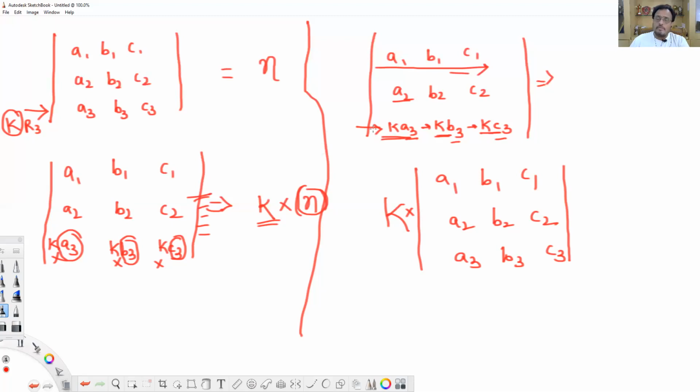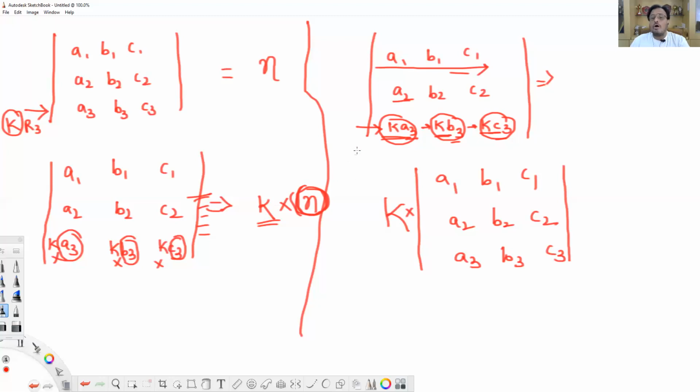So my dear students, the property number 5, what does it state? In any determinant, if every element of any row or column is multiplied by the constant K, then the value of the determinant is multiplied by K. So today we are going to prove this.